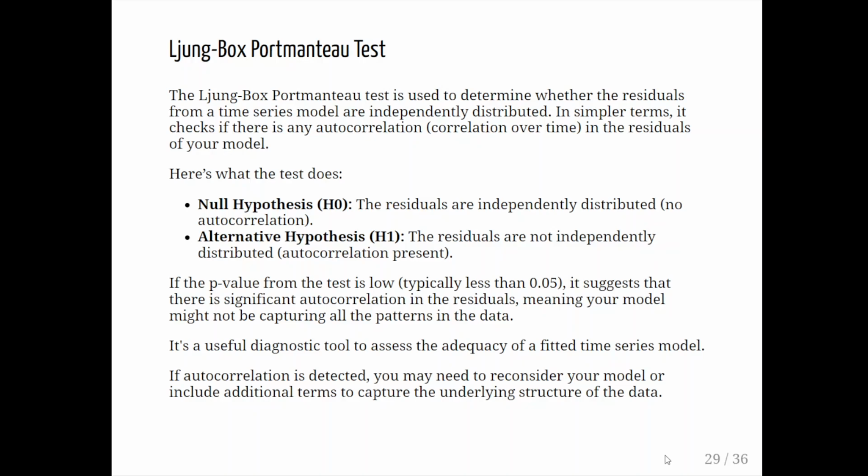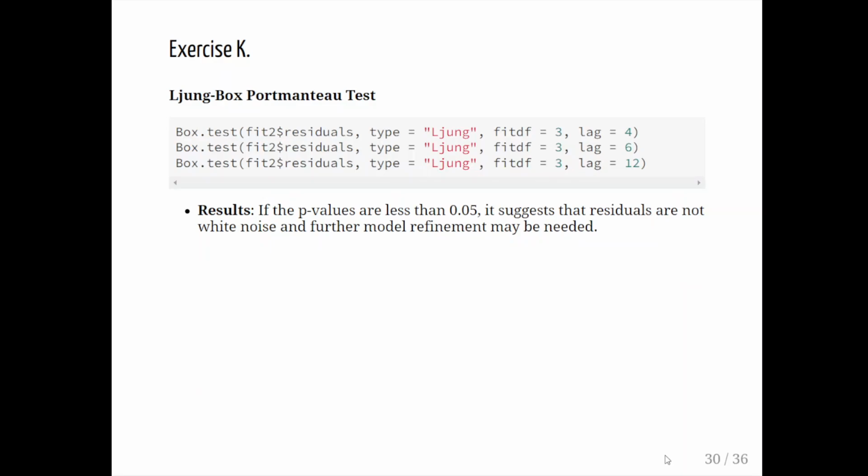In broad terms, that is what we are looking at. There are a couple of details that we'll have to skip over just for the sake of brevity. So we're told to use lag equals 4, lag equals 6 and lag equals 12, so fit 3 test models. We're told to use fitdf equal to 3. There's a reason for that: it's just to fine-tune the model according to the number of parameters. So we're just given a hint to use that.